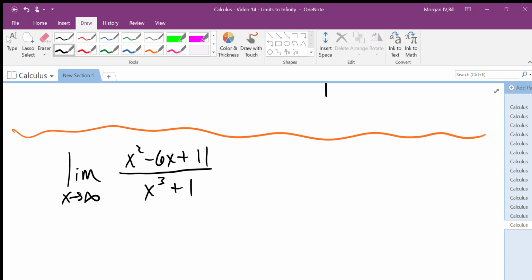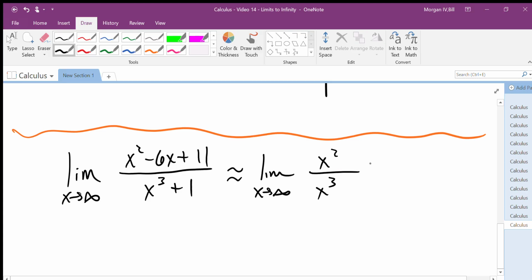So the 6 times 1,000 or 6,000 compared to the 1,000 squared, which is 1,000,000, doesn't make that much of a difference. Similarly, 1,000 to the third compared to 1, that 1 is not going to make that much of a difference. So this is approximately equal to the limit as x goes to infinity of x squared over x cubed.